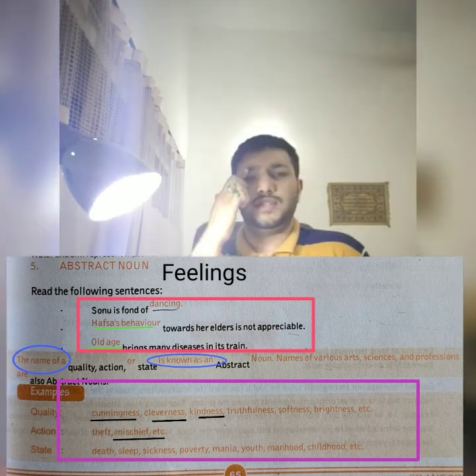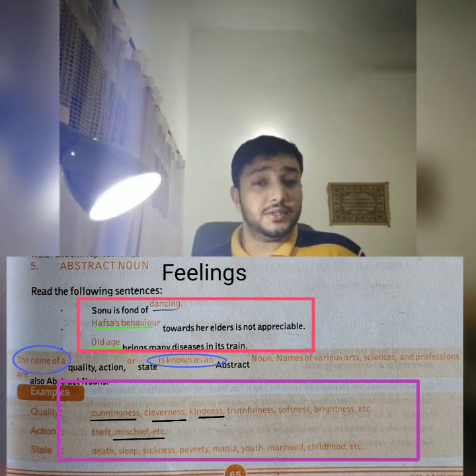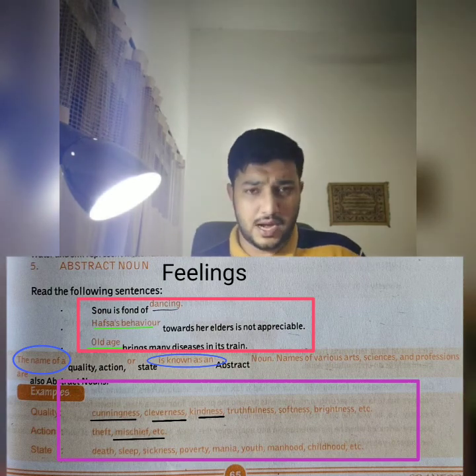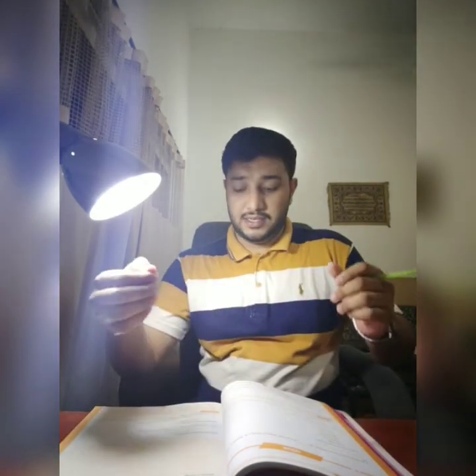These are the states. Childhood, old age, these are all the states where a person stands, and you can feel it in your mind, but you cannot physically touch it, the state, or an action, or a quality. You just feel it, and you just imagine that this is the thing, like dancing, singing. These are all abstract nouns.